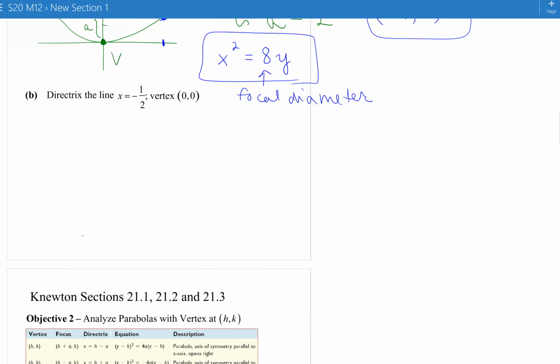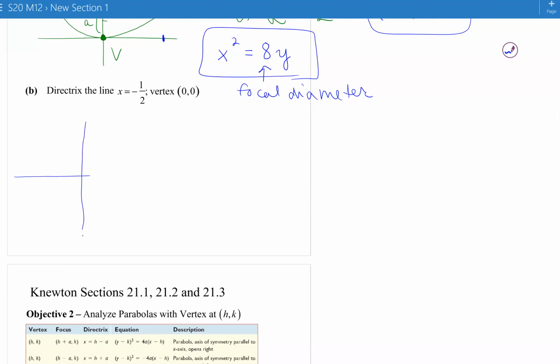Okay, the next example, I know where the vertex is. And the directrix is the line x equals negative 1/2. Well, that's a vertical line. And I know the distance from directrix to vertex equals from vertex to focus.